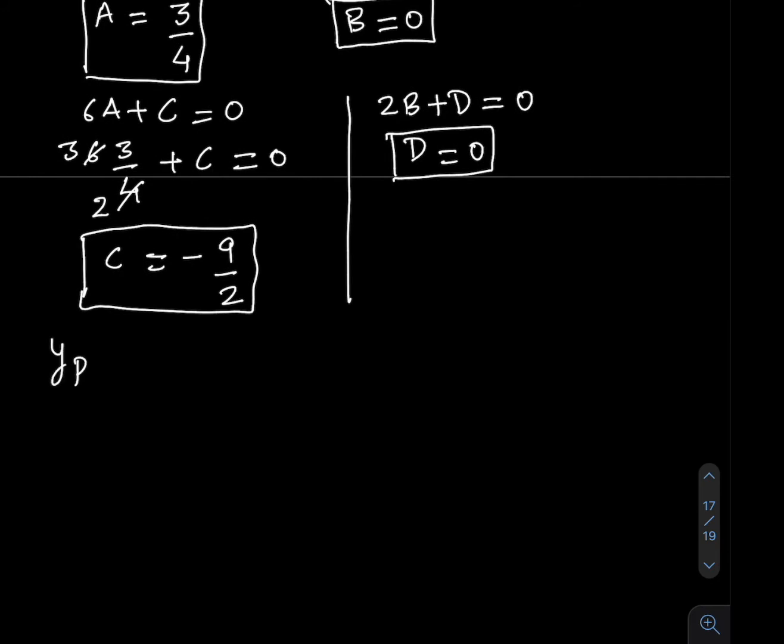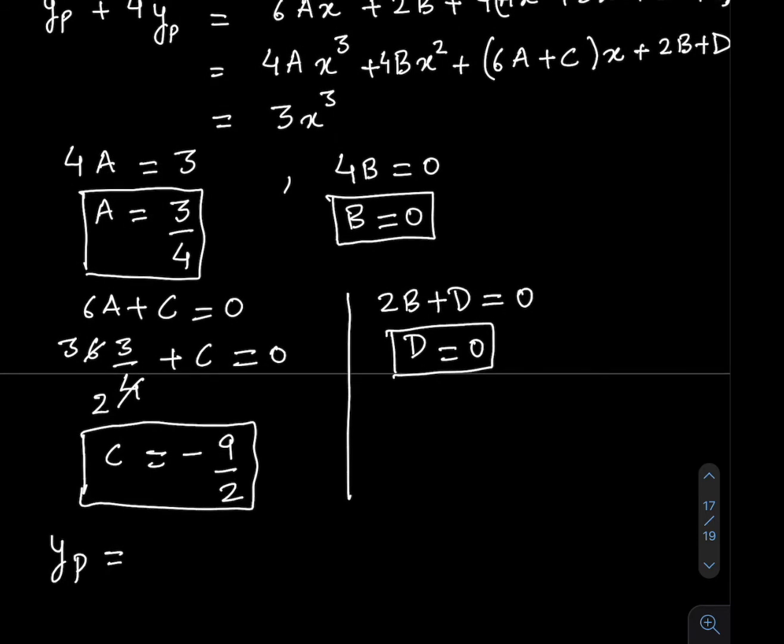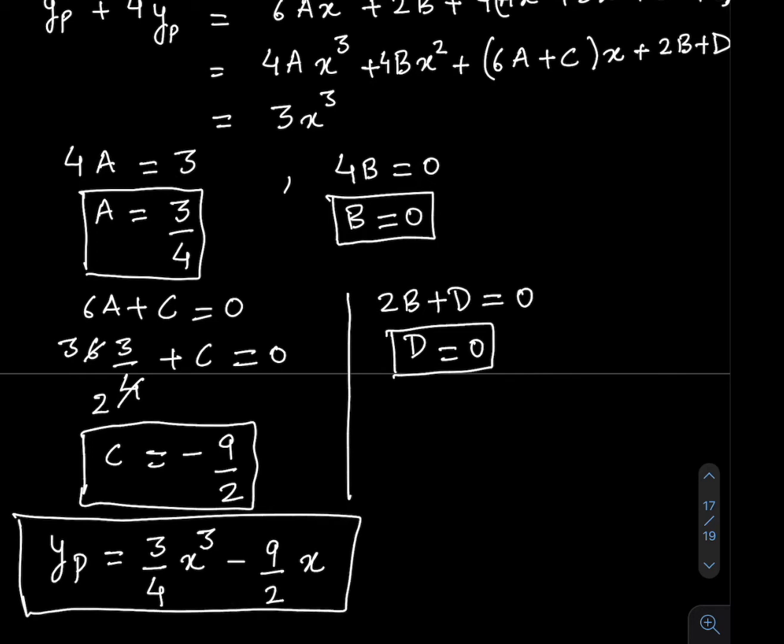Putting back into our y_p, we get our particular solution is equal to 3 over 4 x cube. b is 0, so there is no x square term, minus 9 over 16 x. This here is our particular solution.